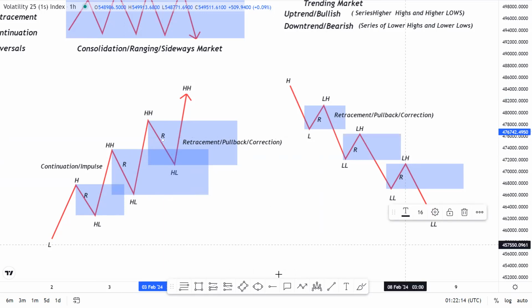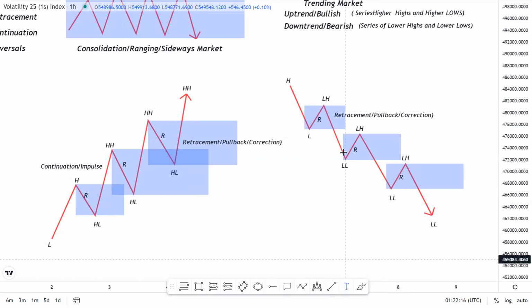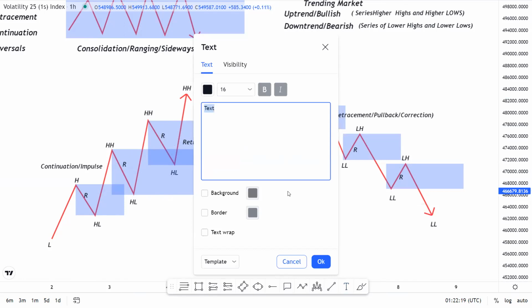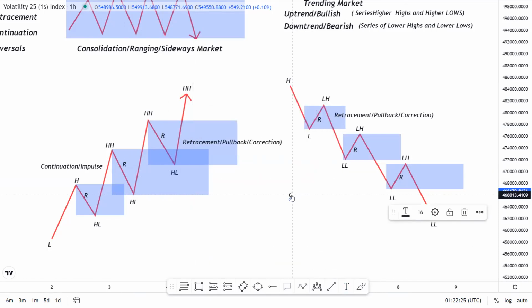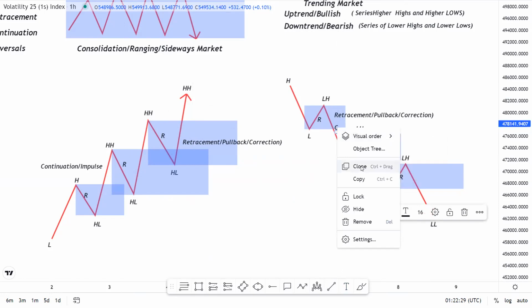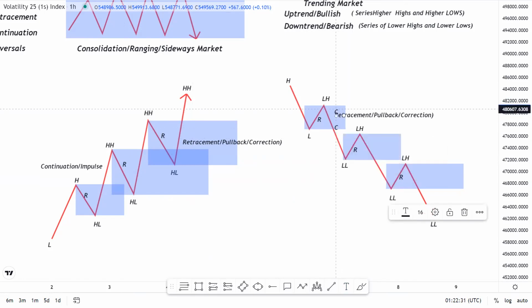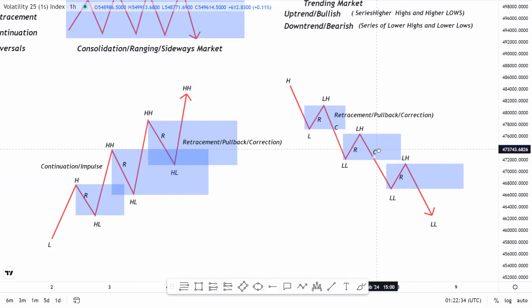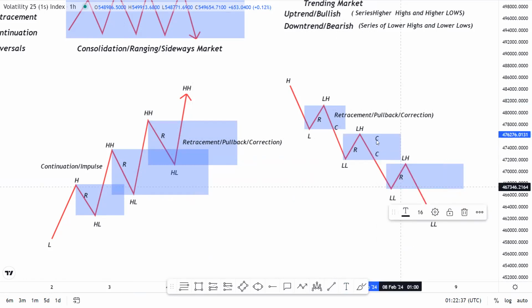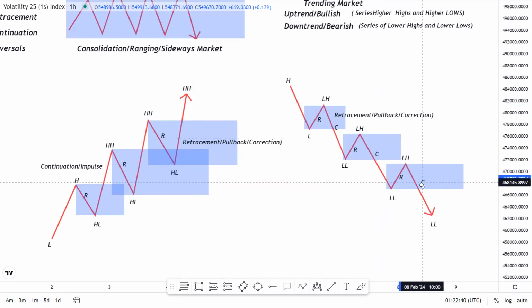And then we have the continuations that always kick in after the retracement comes to an end. So the continuation movement, also called the impulse movement, is the movement that's always in line with the market's trend.